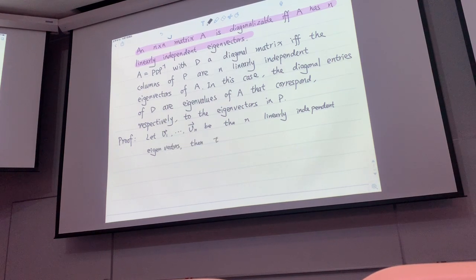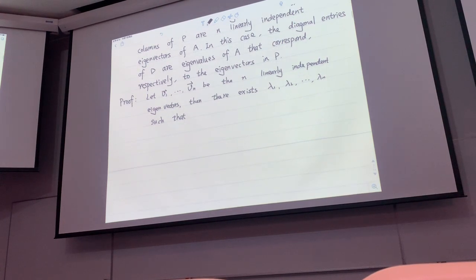Then there exist lambda 1, lambda 2 to lambda n, their eigenvalues, such that we have A V1 equal to lambda 1 V1, A V2 equal to lambda 2 V2, to A Vn equal to lambda n Vn.